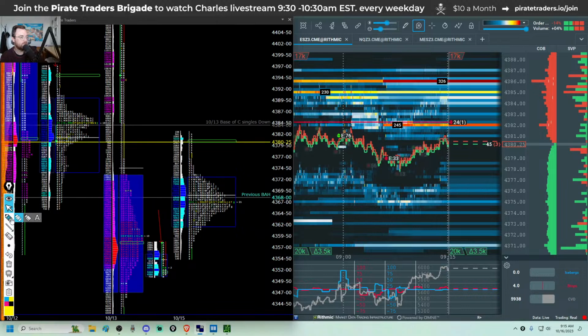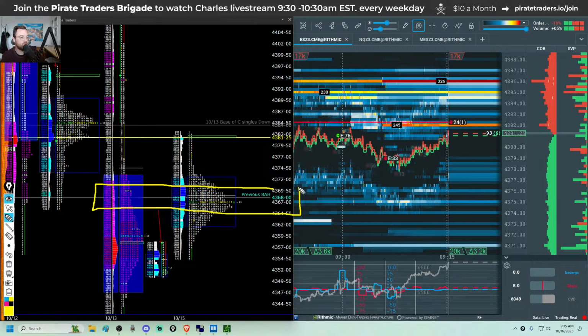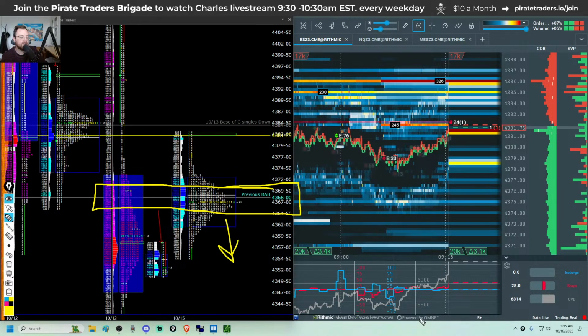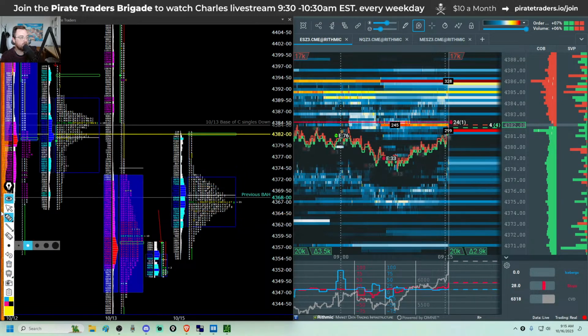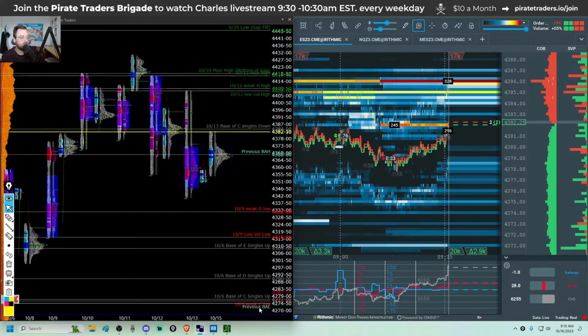I'm going to assume that the market is just trying to decide how it wants to interact with this area right here, around 43.68. I have this marked as a previous balance area high. The reason this area is important is because if this breaks and the market heads lower, it is likely to head all the way down to the balance area low, around 42.75.